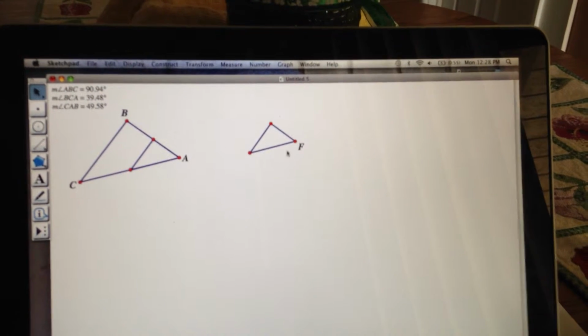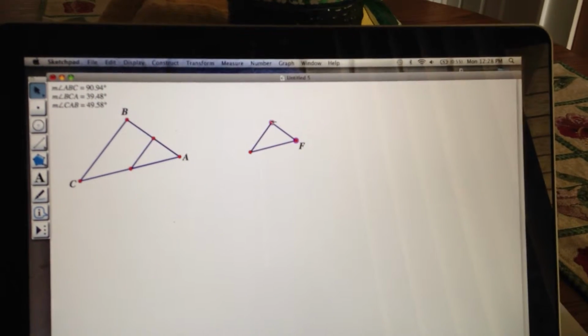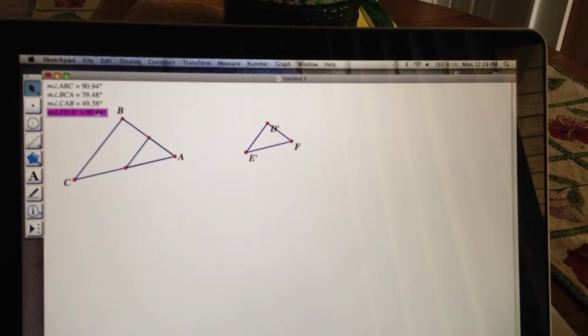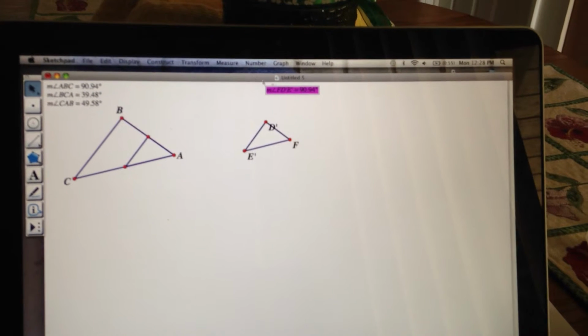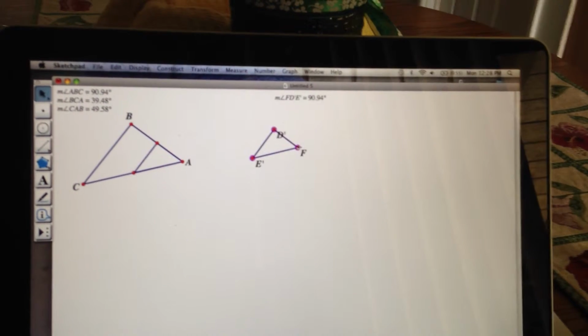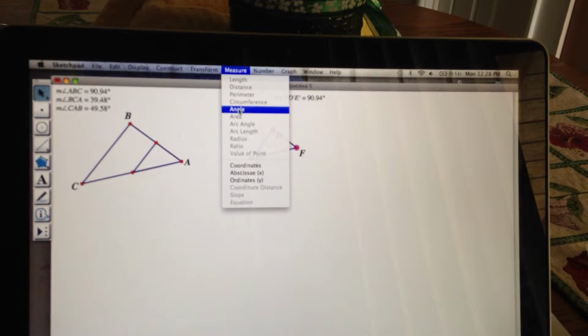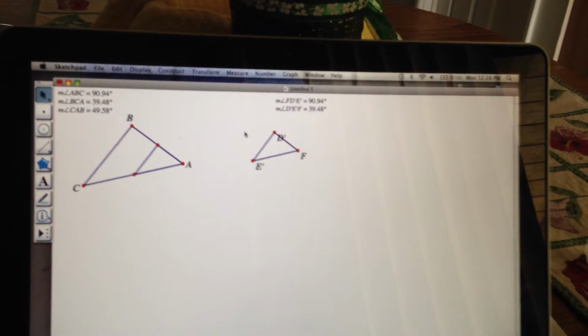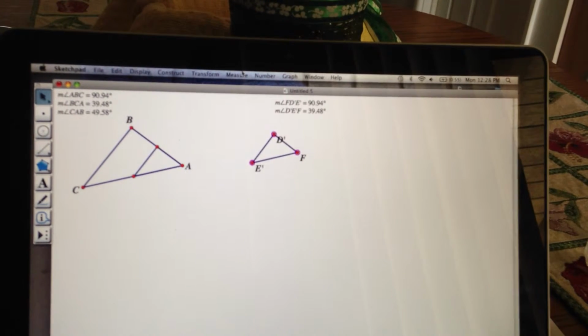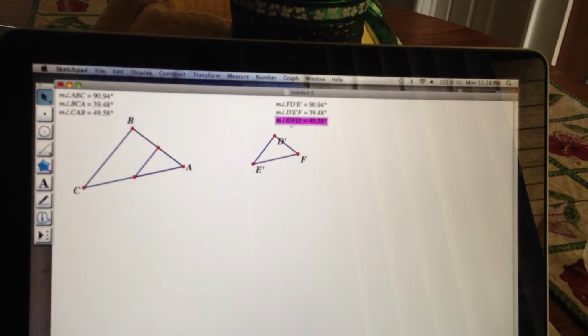So to show you guys that, I am going to measure the angles of this triangle, and they should be exactly the same. And the last one. And there you go.